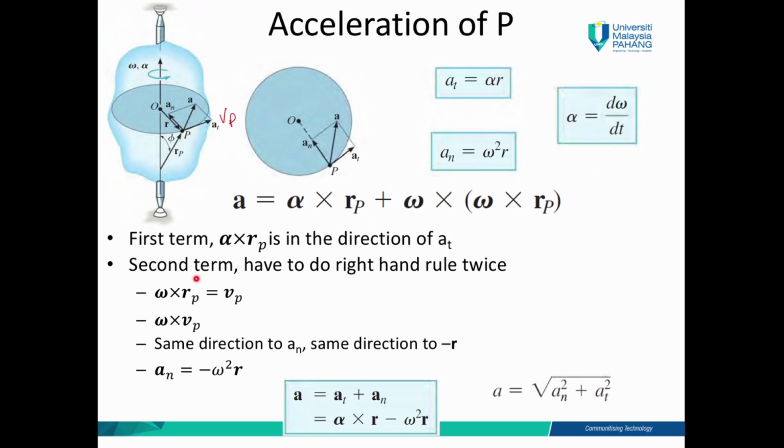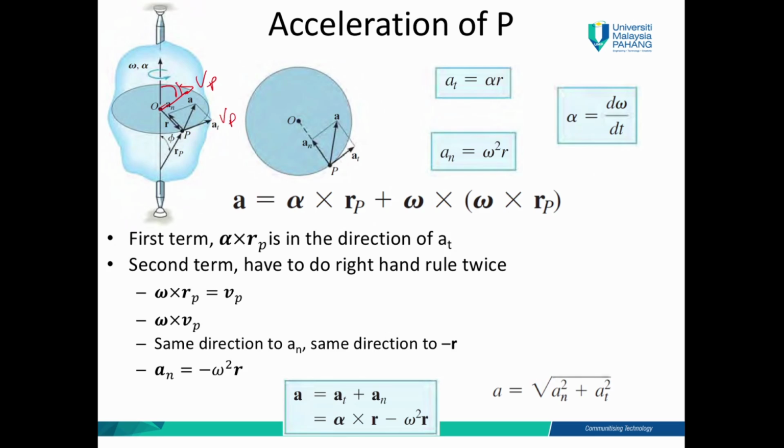So next you need to find the cross product between omega and vp. So finding the cross product between this direction and this direction, let's say this is vp.